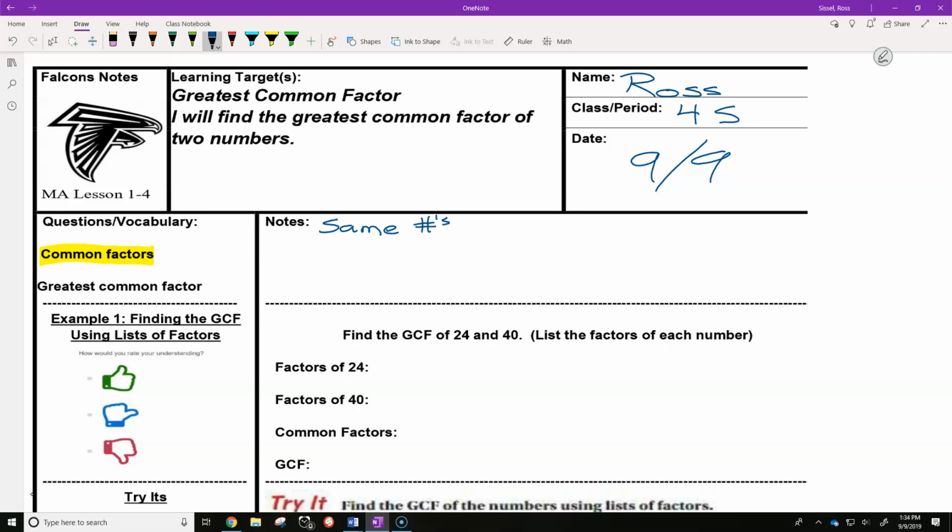Let's say common factors are the same numbers used as factors for two numbers. So when I give you 12 and 18, what factors are the same? What are the factors of 12 that are also factors of the number 18?